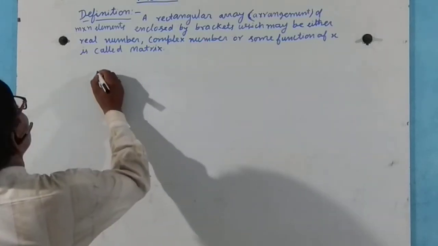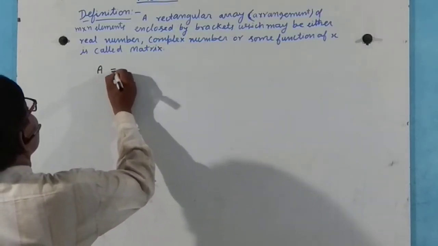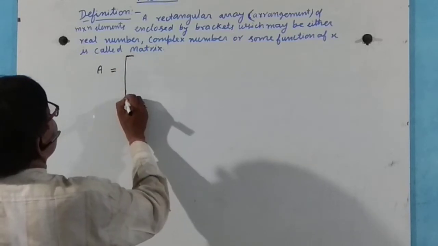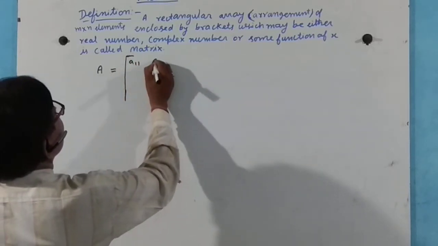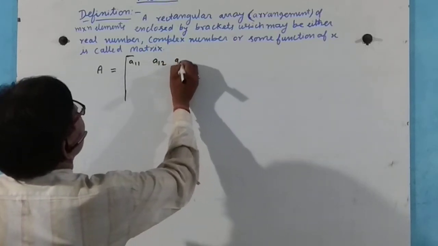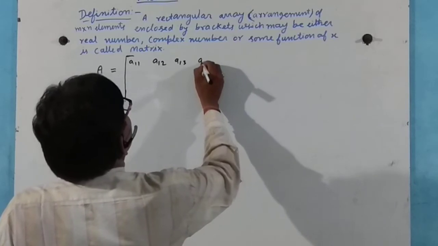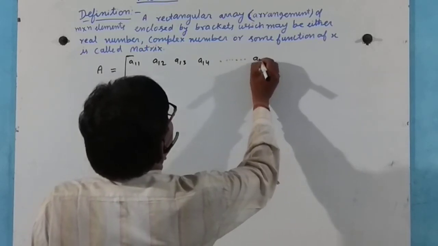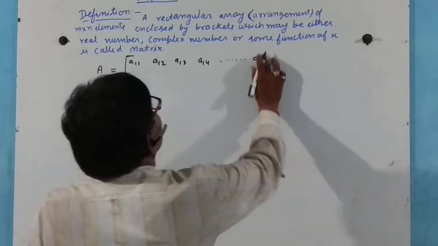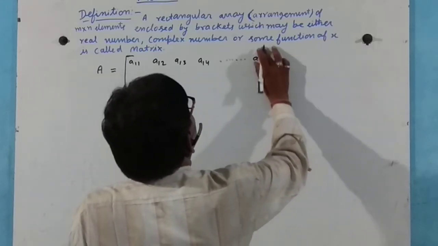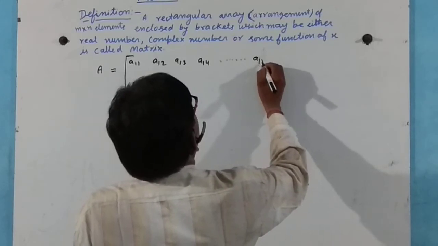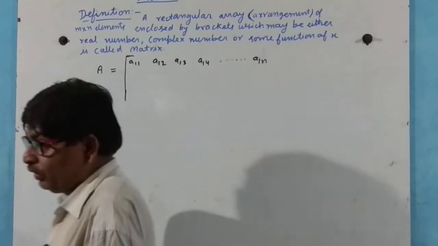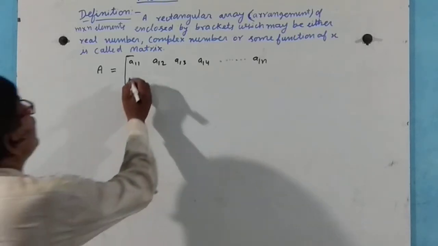Now matrix A equal to, enclosed by brackets, here A11, A12, A13, A14, up to A1n.